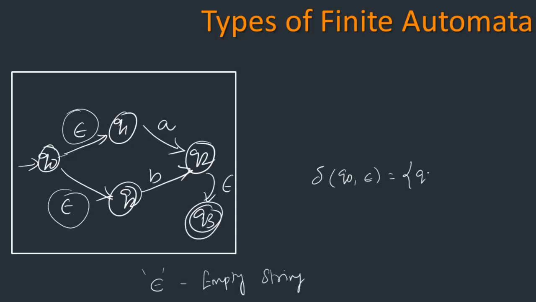There is a possibility to reach either Q1 or Q2. That is, from Q0, when I apply epsilon, there are two destinations. Either you can move to Q1 or you can move to Q2. But in fact, this epsilon itself is an empty string. So what does it mean? When you are set to be in Q0, you are almost set to be in Q1 and Q2 also.